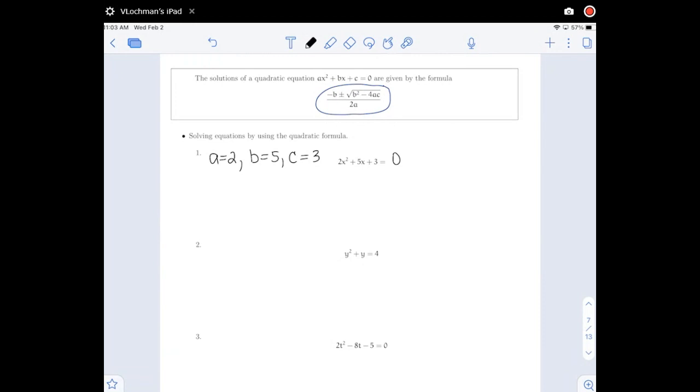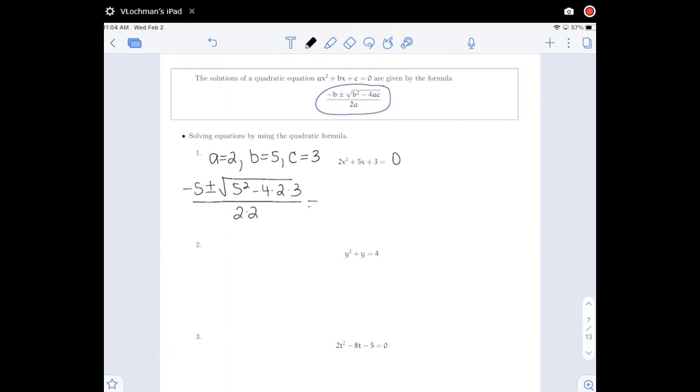But if you feel comfortable, feel free to skip this step. Okay, so now I'm just going to apply it. So this would be negative 5 plus or minus the square root of the following quantity: 5 squared minus 4 times 2 times 3, divided by 2 times 2.